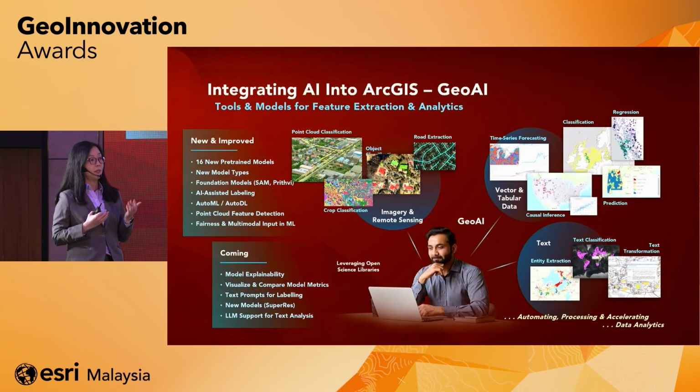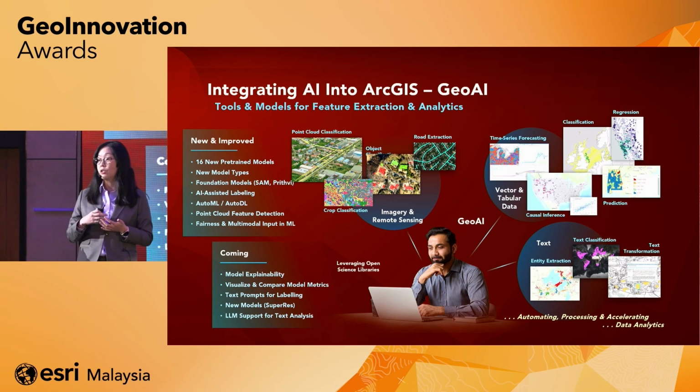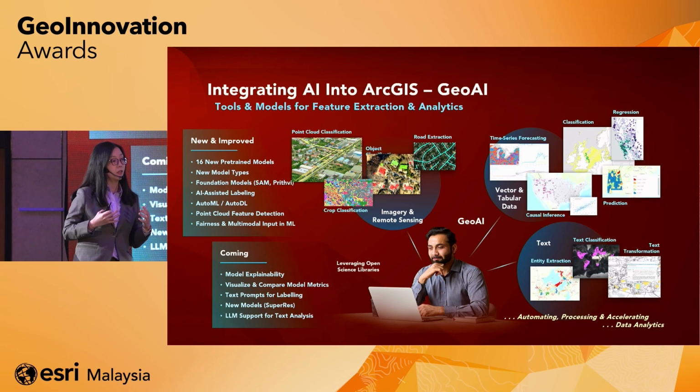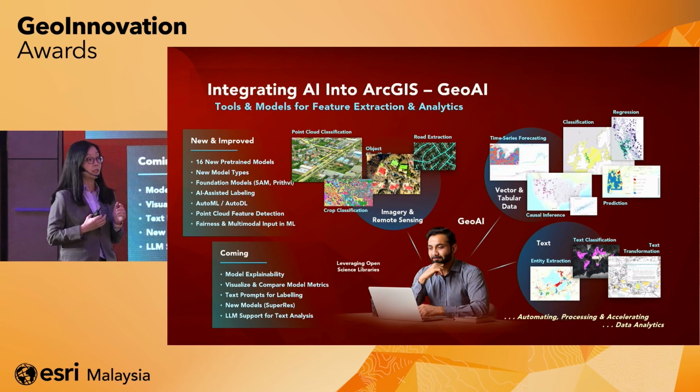So let's talk a little bit about where Esri is now. We have been working a lot on integrating AI into ArcGIS. We call it GeoAI. We look into taking imagery, doing extraction out of imagery, putting in vector data, text data, and so on. Esri has worked out a lot of GeoAI pre-trained models.